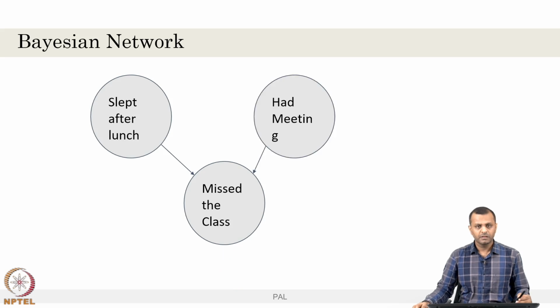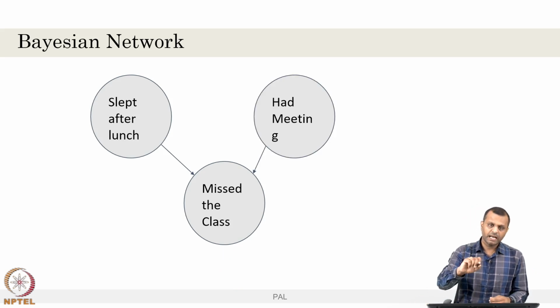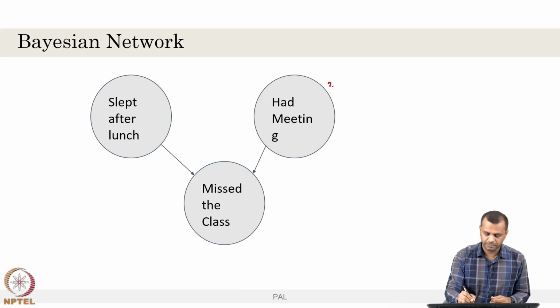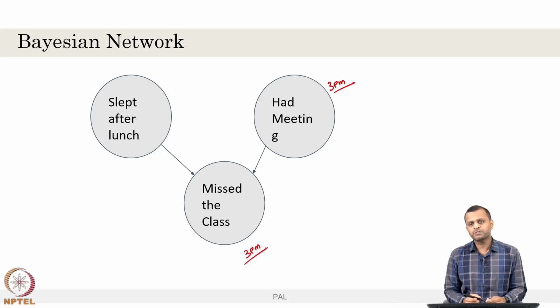Let's say some other variable, that is, having a meeting. The student might have a meeting at 3 p.m., and the class is also at 3 p.m. If the student had a meeting, he also has a chance to miss the class.